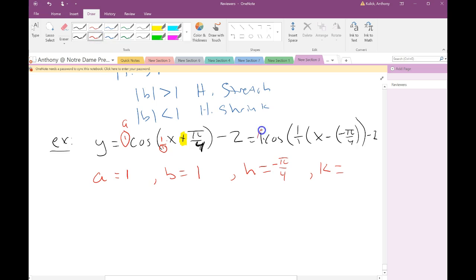So again, we have A, B, H, and then hopefully nobody has a problem identifying this little guy as our K. What do you guys think? So far, so good? Let's write our map then.